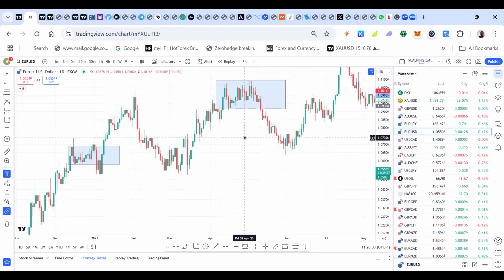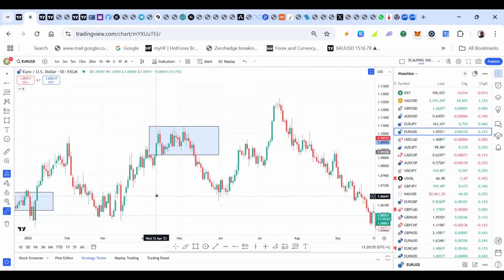So what it did was, here, after the consolidation, it broke down, but it still did not take out the previous low. Now, before you know that a trend has changed, it has to take out the previous low. This was the previous low. Just like what happened here, this is the previous low, and this low is lower than this guy.